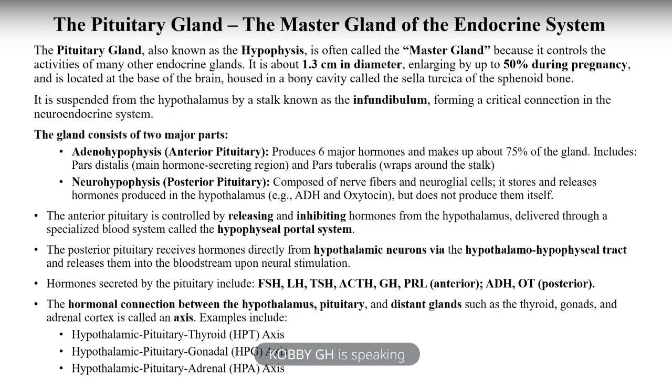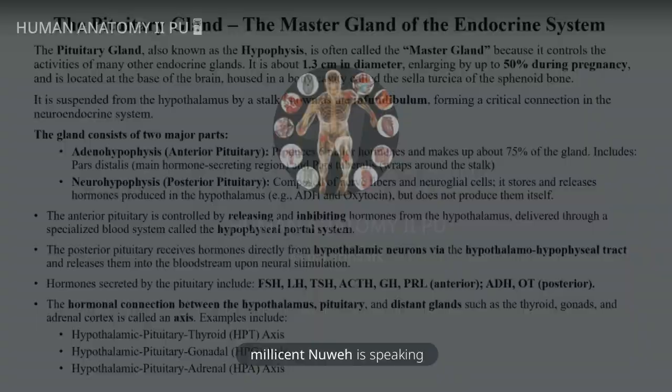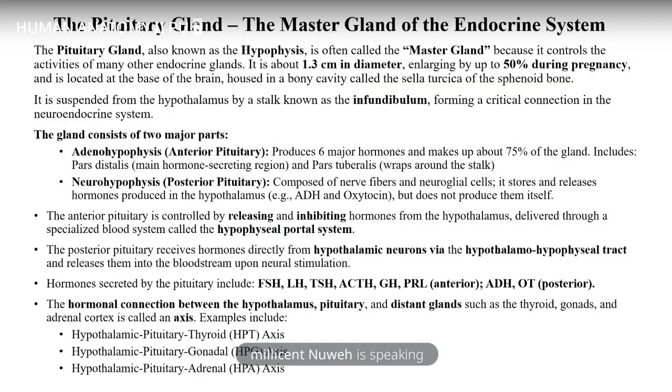It is called the adenohypophysis gland because the hypothalamus communicates to the anterior pituitary through the blood vessels. That is excellent. Brilliant answer.